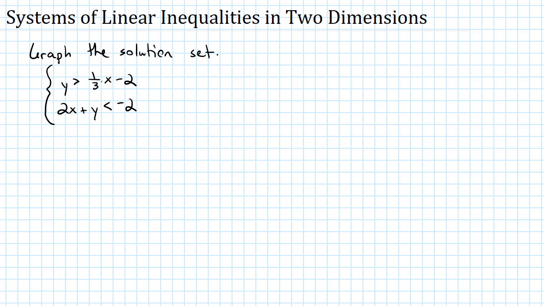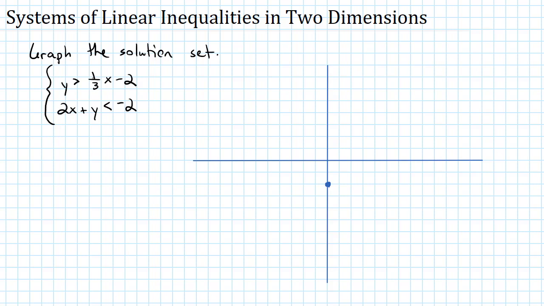Let's start with y is greater than 1/3 x minus 2. Let's set up a plane over here. Okay, and just to keep it simple, we'll assume every tick mark here is 1 unit. All right. Now, if I want to graph y is greater than 1/3 x minus 2, I know I have a y-intercept of -2 because it's in slope-intercept form, and my slope is 1/3.